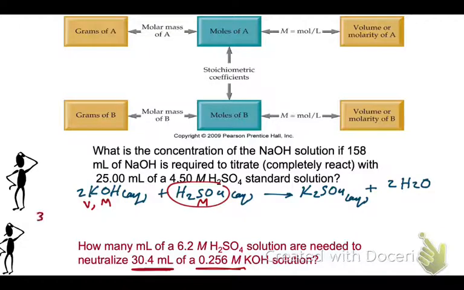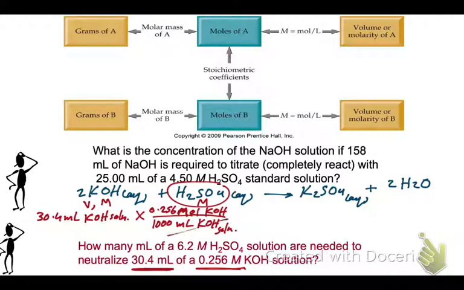There are 30.4 milliliter of potassium hydroxide solution. I multiply that by molarity, which is 0.256 molar: moles of potassium hydroxide in every 1000 milliliter of potassium hydroxide solution.